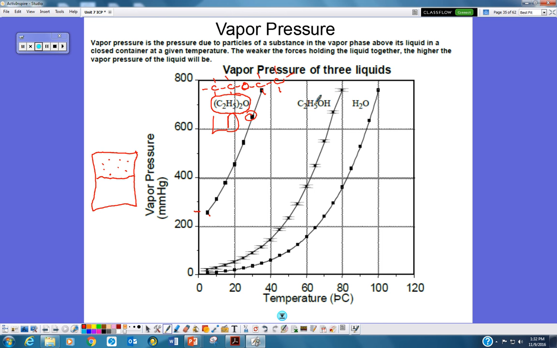Now, this one right here, what do we notice on this group? It will have a hydrogen bond. It is a polar molecule. And then this one is a polar molecule that has hydrogen bonds as well. But why will this one have a lower vapor pressure?